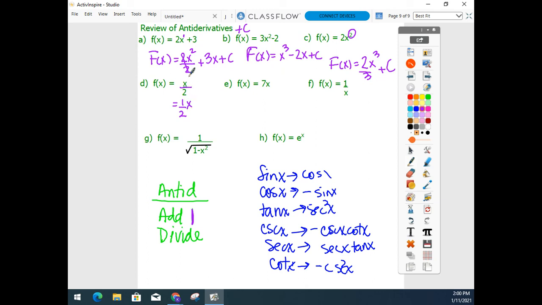Because when I add 1 to the exponent, that becomes 2. When you divide by 2, there's already a 2 there. So technically, you're multiplying the denominator by another 2, or just by 2. So that's 1/4 x squared plus c.